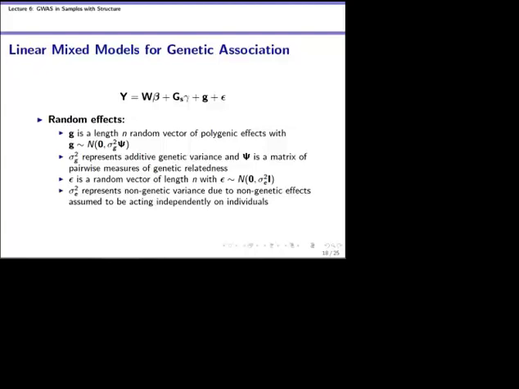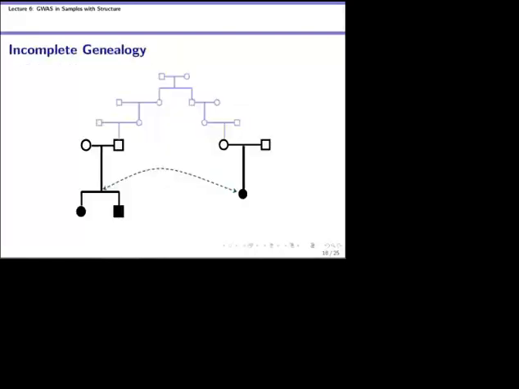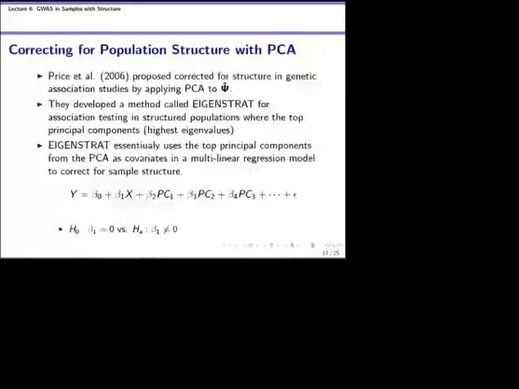For principal components analysis, remember the PCs are fixed effects. We assume that after we adjust for ancestry differences among individuals, the outcomes are uncorrelated. If you have related individuals, this doesn't hold.